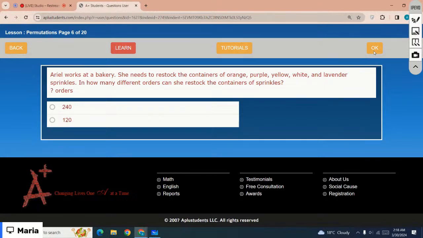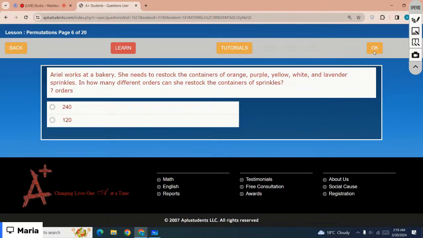Ariel works at a bakery. She needs to restock the containers of orange, purple, yellow, white, and lavender sprinkles. In how many different orders can she restock the containers of sprinkles? So, which is the correct option? Yes, you can do it in 5 factorial different orders, right?